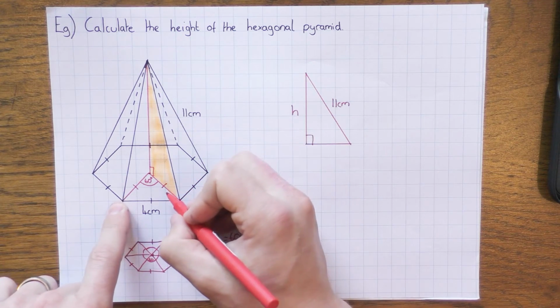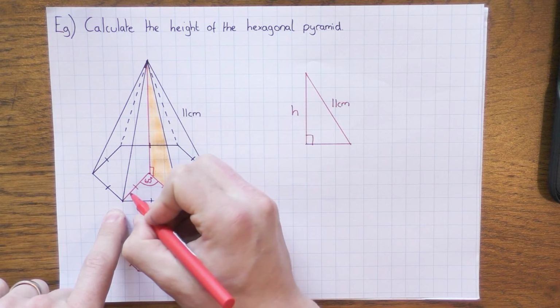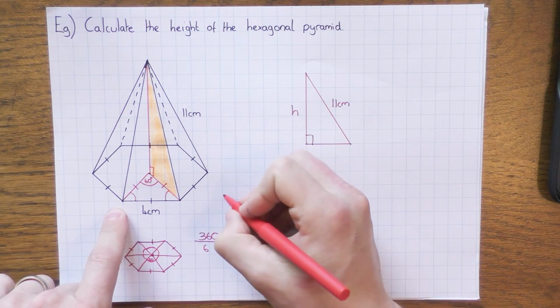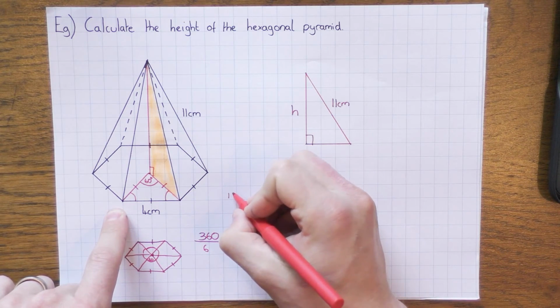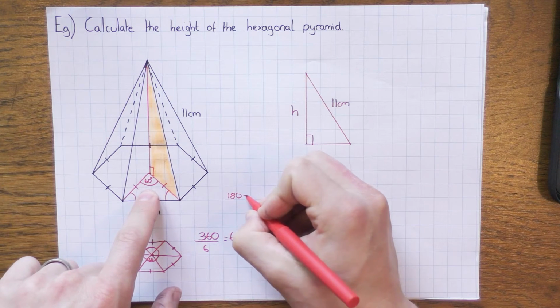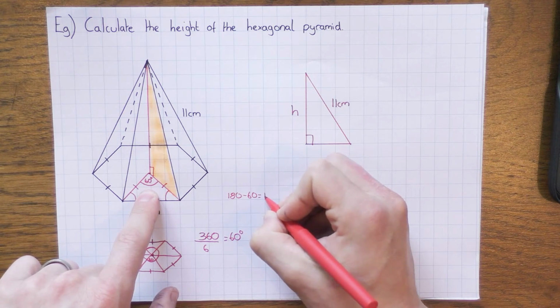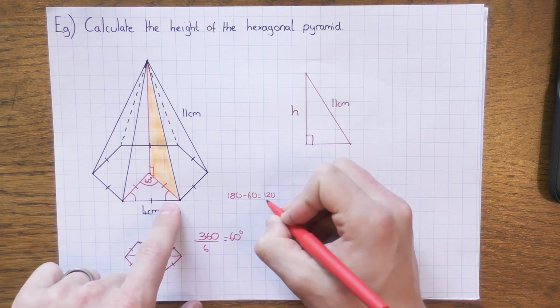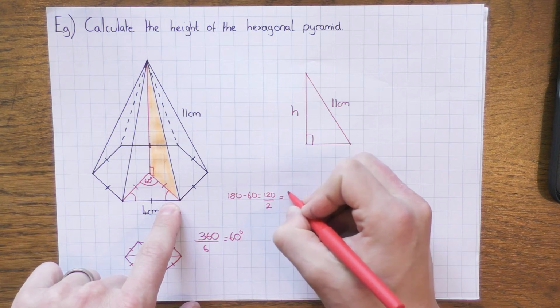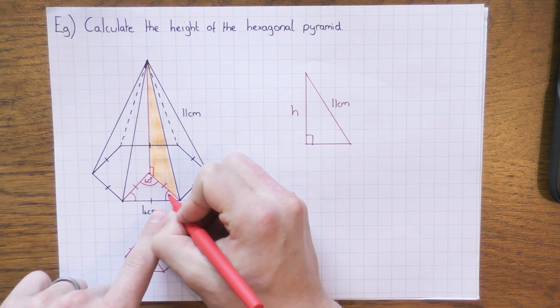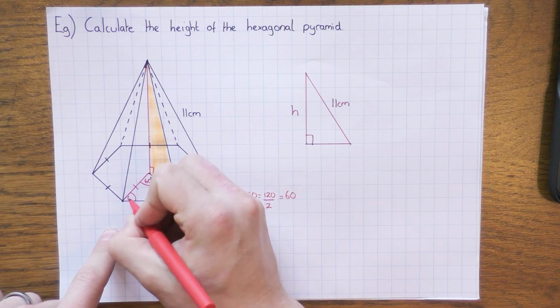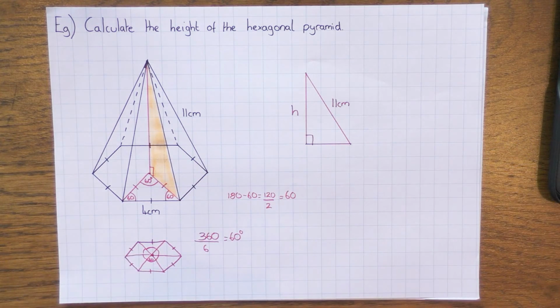I want to work out what these angles are, because I have a theory. So I do 180 take away the 60, which leaves me with 120, and because it's an isosceles triangle, I divide that by 2, which leaves me with 60. So in fact, this isn't an isosceles triangle, it is an equilateral triangle.